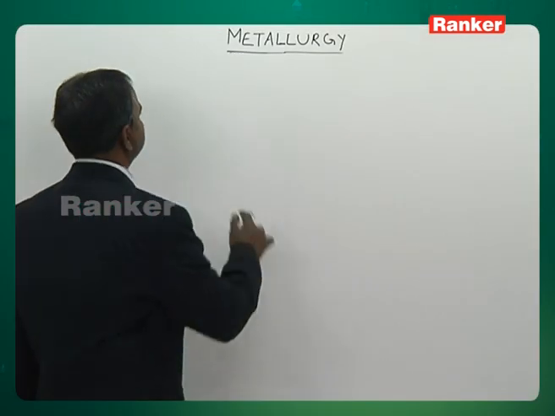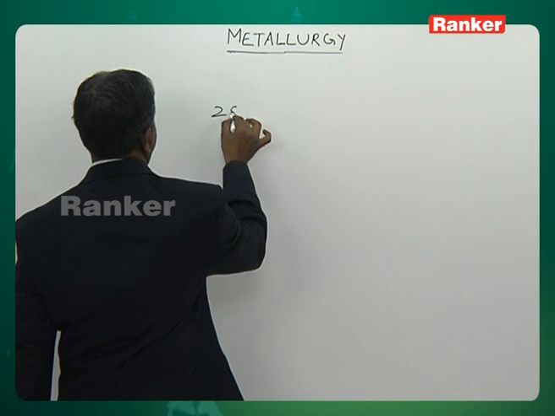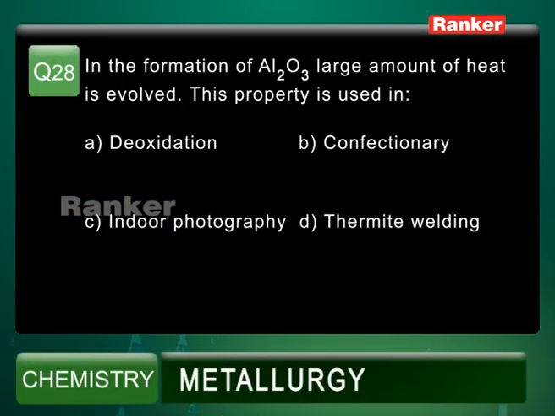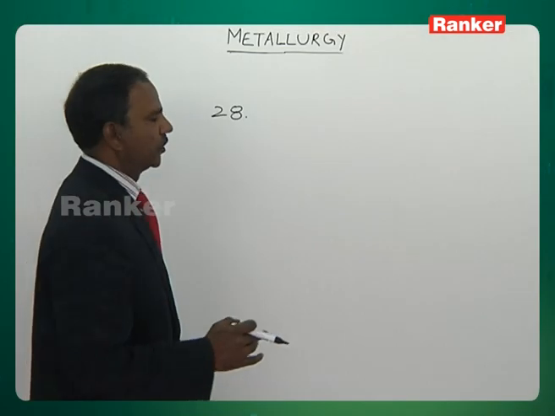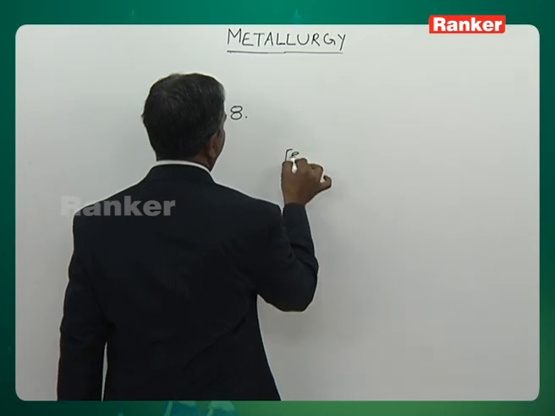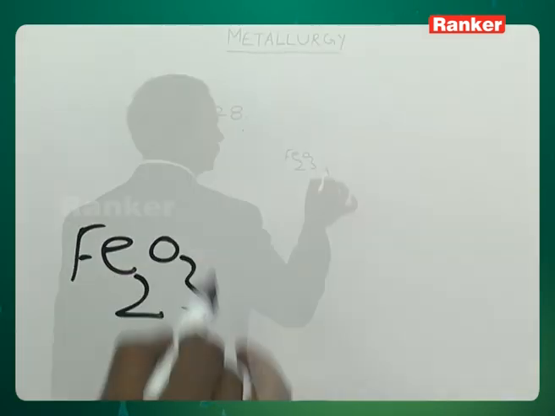Question number 28. In the formation of Al2O3, large amounts of heat is evolved. This property is used in deoxidation, confectionery, indoor photography, thermite welding. See, in thermite welding, suppose Fe2O3 is there.